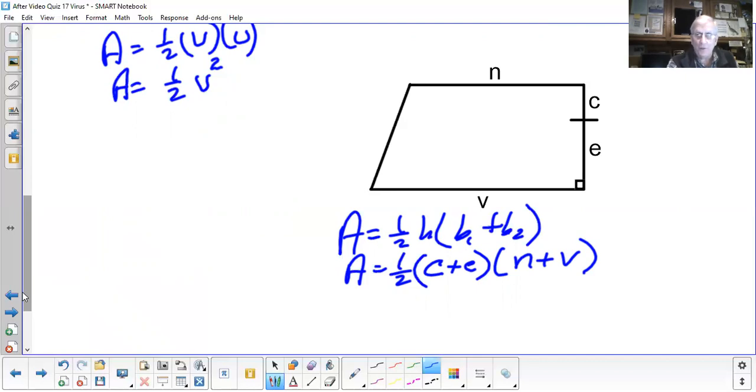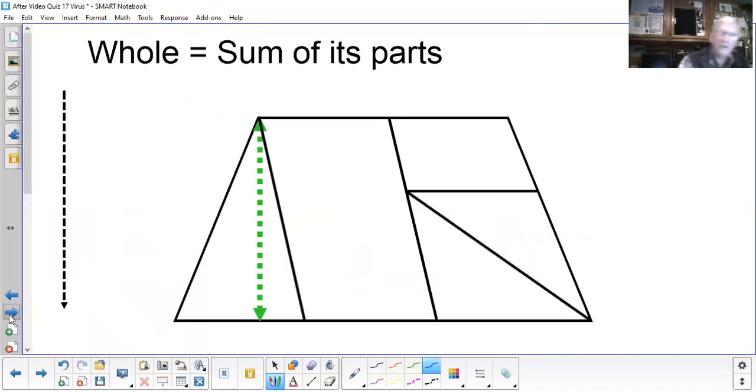Now I'd like you to take a look at this very strange figure. And notice what it says up at the top of the sheet. There is an axiom of mathematics that says the whole of something has to be equal to the sum of its parts. Now you notice I have divided this figure into several parts.